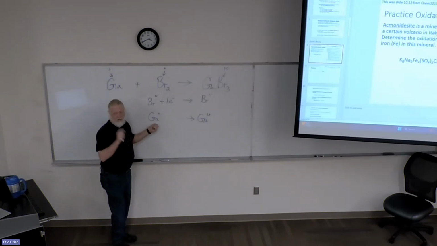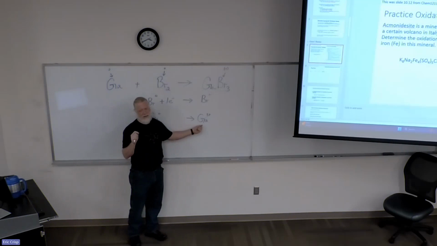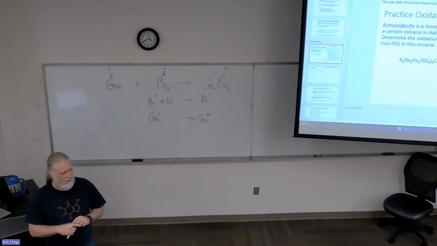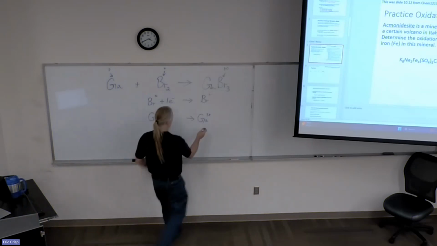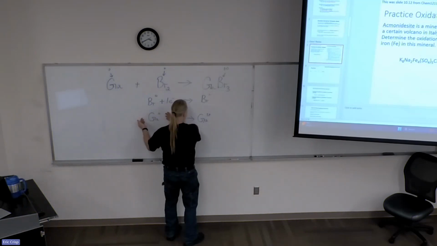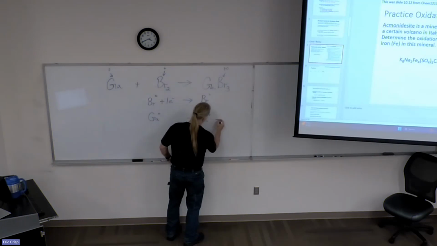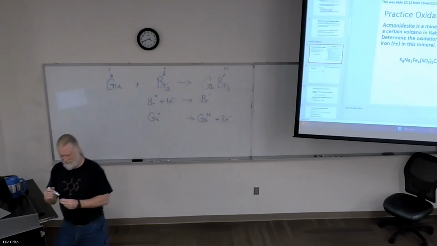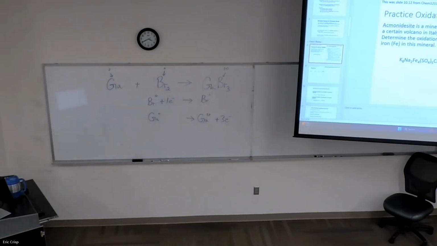Same as the protons. Okay, but careful, how many electrons here? Good. 28. Does that make sense? It lost 3 electrons, right? Okay, so we had all 31 electrons, but apparently 3 of them fell off. Does that make sense? Yes?